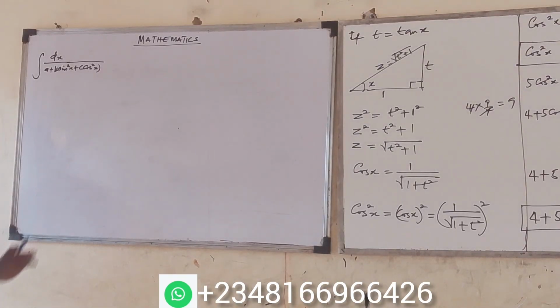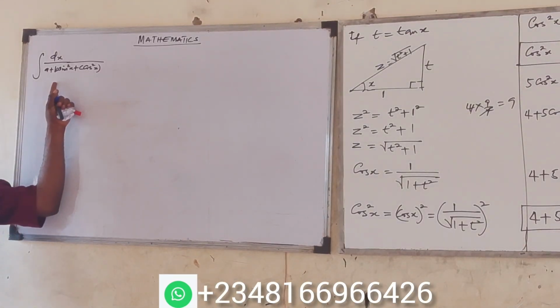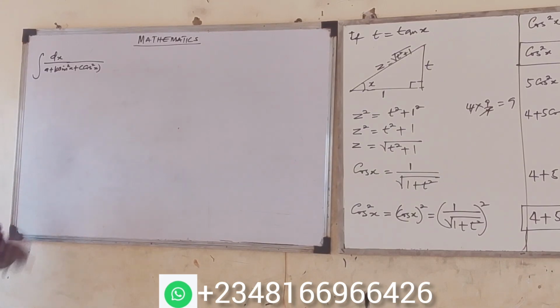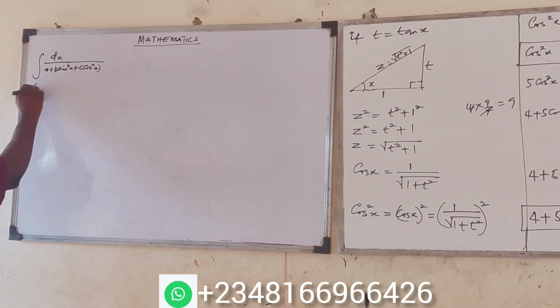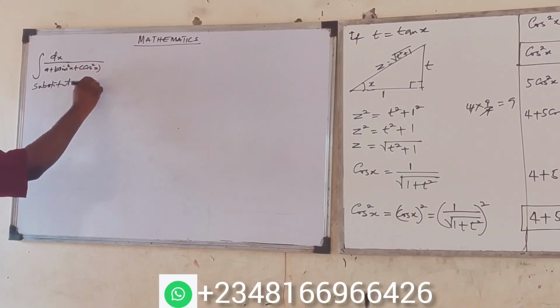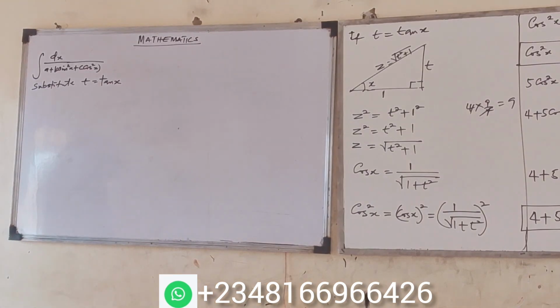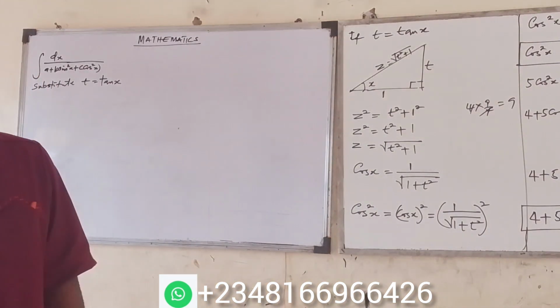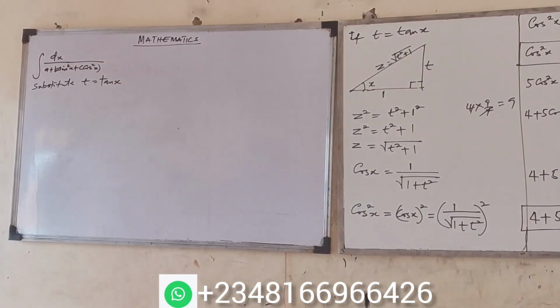Remember we said when you have an integral in this form, all you need to do is to substitute t is equal to tan x. That's just the principle guiding this kind of integration.